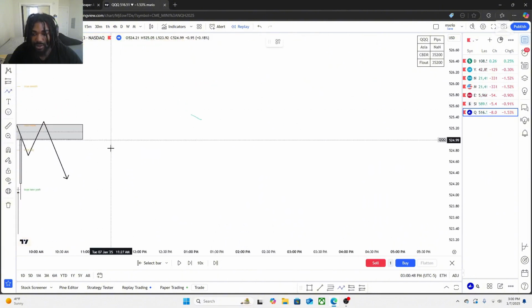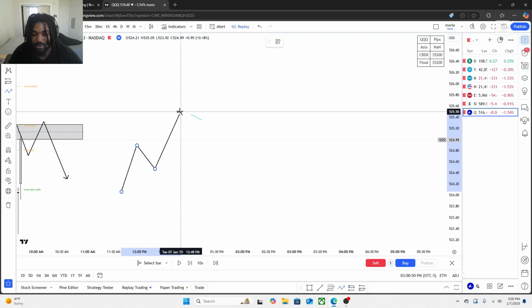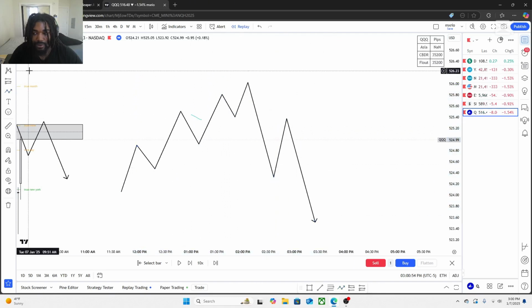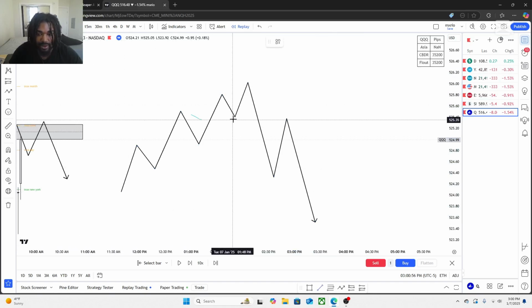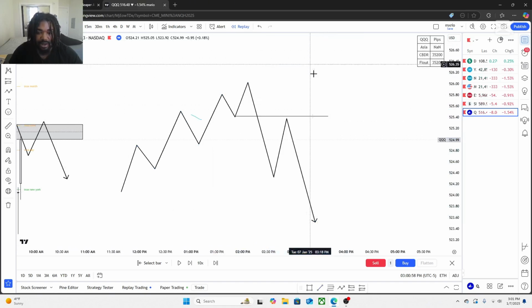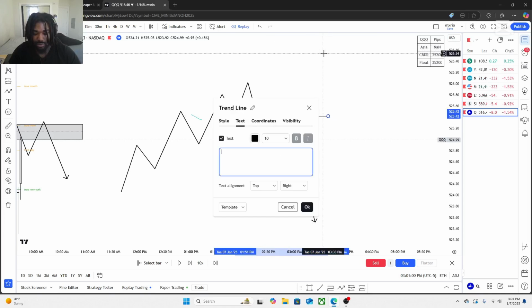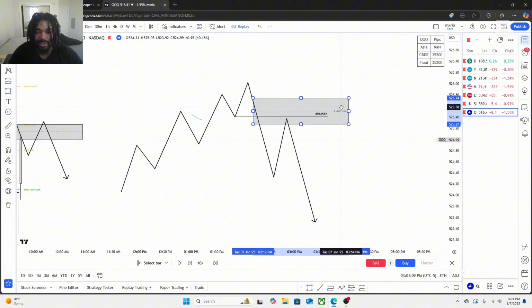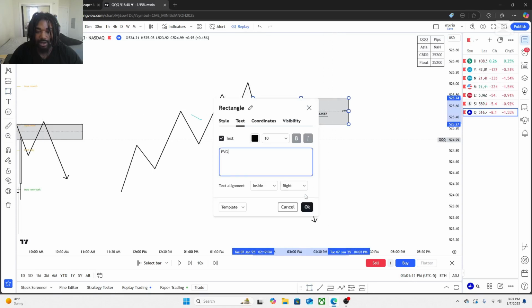A unicorn model is when you have the uptrend, the shift, and within that shift you have a breaker block right here, and then obviously the fair value gap on top. This is called a unicorn model.